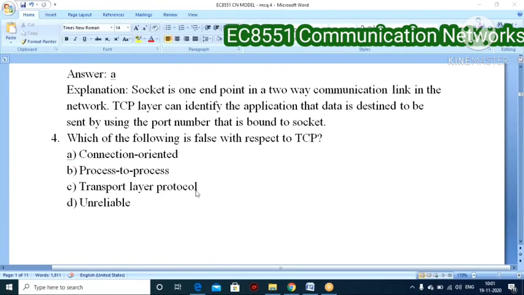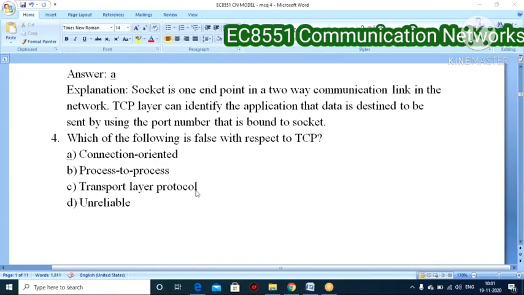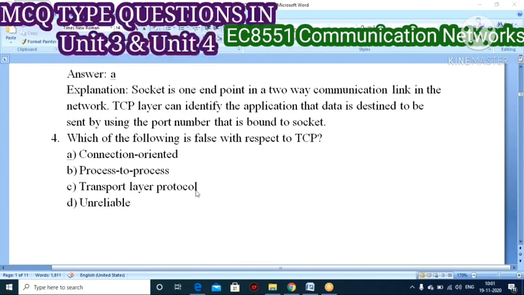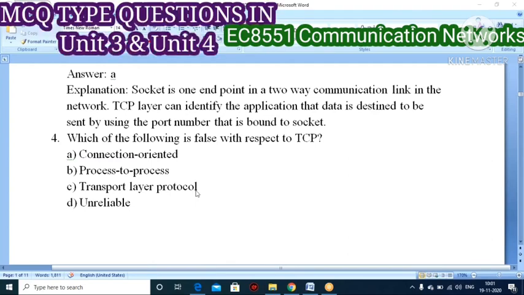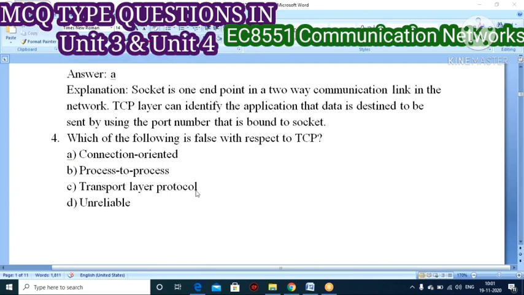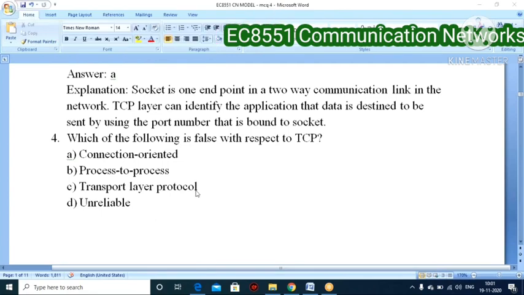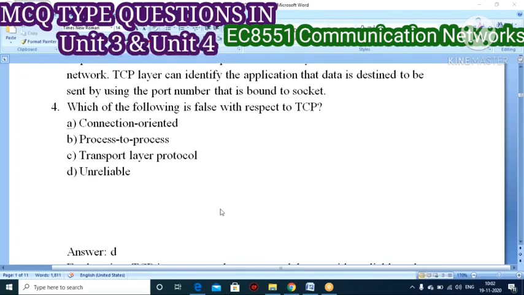TCP is an unreliable one? TCP is a connection oriented protocol, so if a connection oriented protocol is unreliable, that is wrong. Answer D, sir. So answer D, very good.